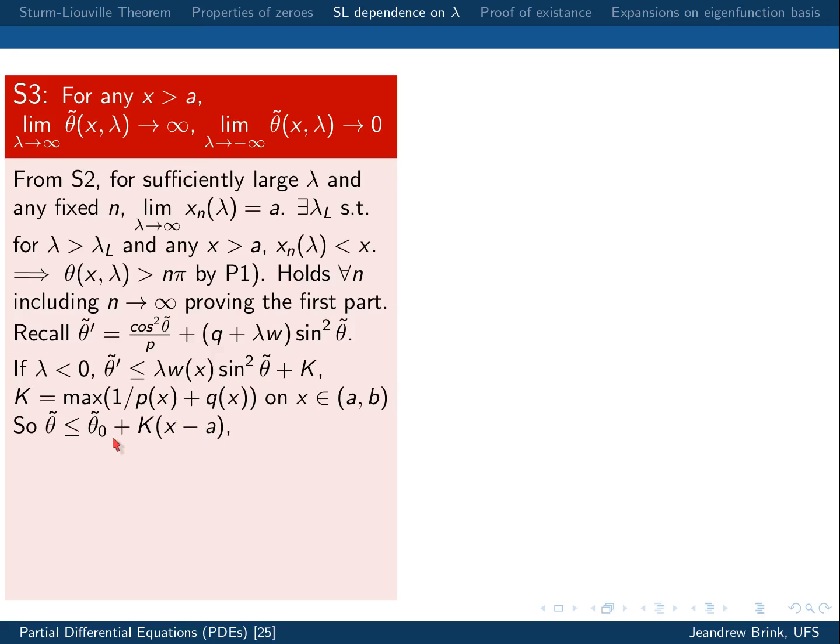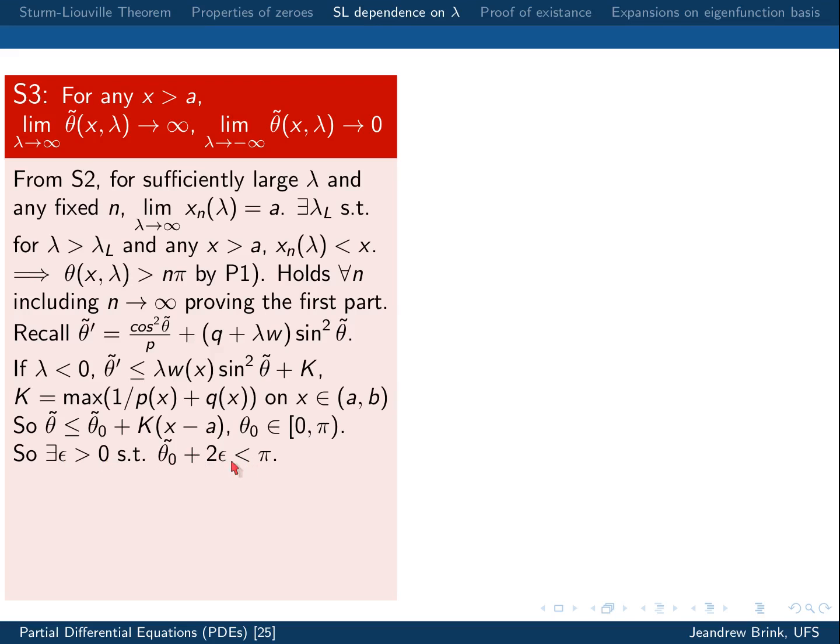And that is true for all lambda, because lambda here is negative, so the maximum value of this thing is k. And we know that theta 0 is in (0, pi), so it's always possible to choose an epsilon greater than 0 so that theta 0 tilde plus 2 epsilon is less than pi.